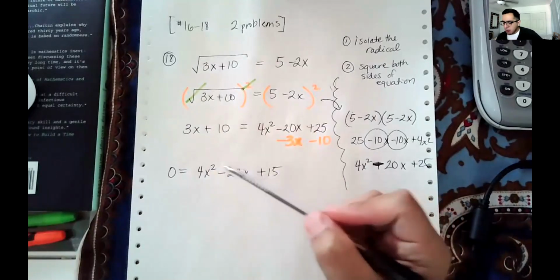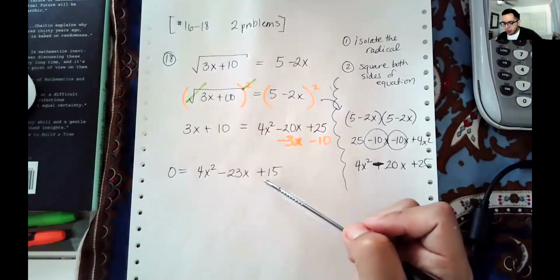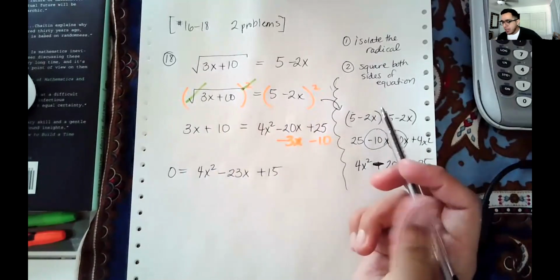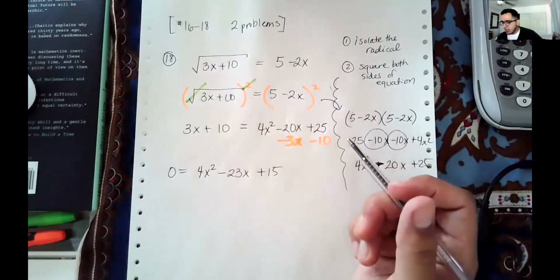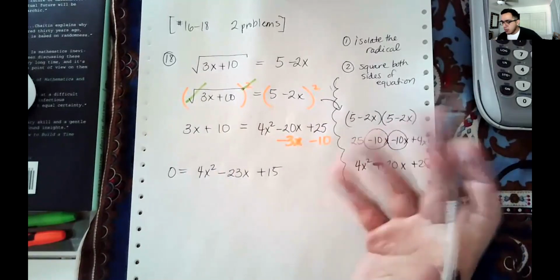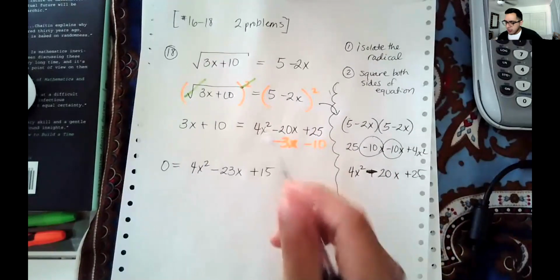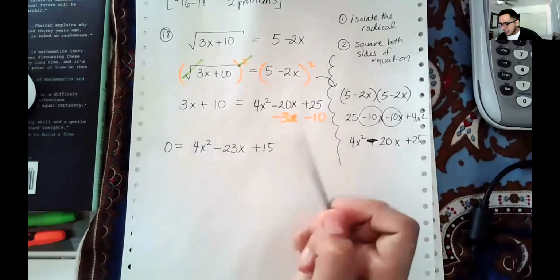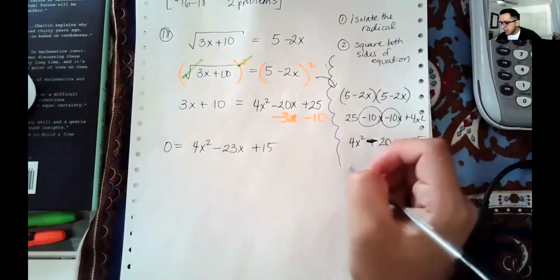So now, once we have this quadratic equation in standard form, we can go ahead and use either the quadratic formula or the factorization to simplify and solve this. So let's go ahead and try to factor this. I would multiply 4 times 15, and that should give me 60.